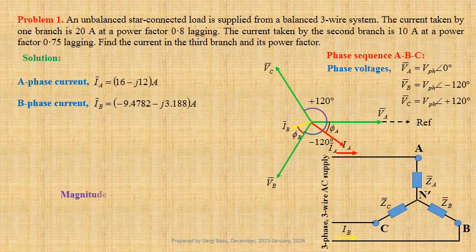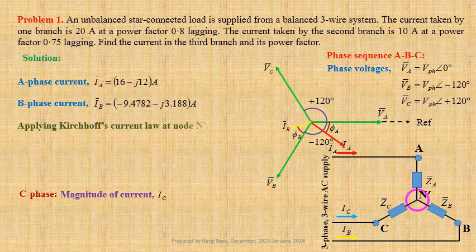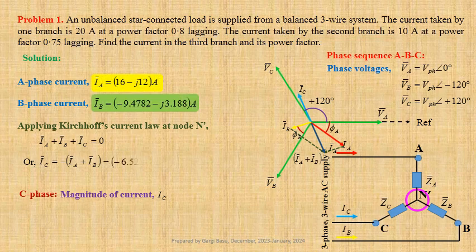Let the magnitude of current flowing through the C phase be IC. Applying Kirchhoff's current law to node N dash, we get IA plus IB plus IC equals 0, or IC equals minus of IA plus IB. Using values, we get minus 6.5218 plus j times 15.188 ampere.